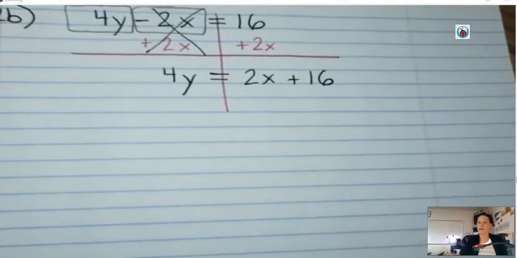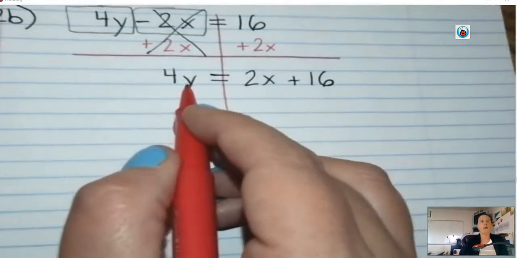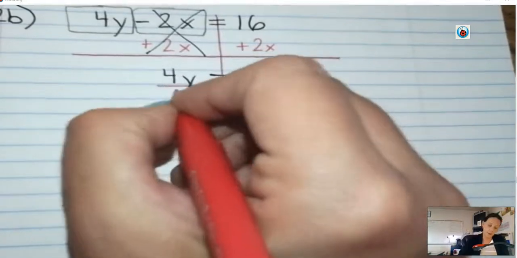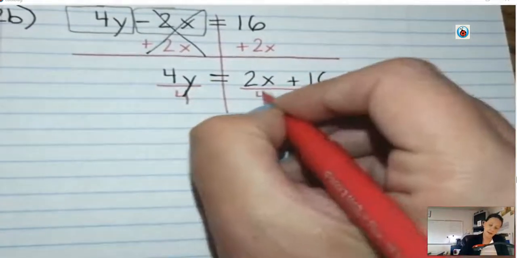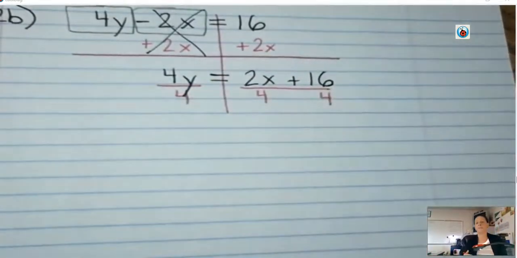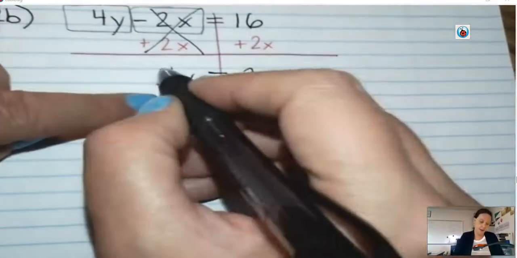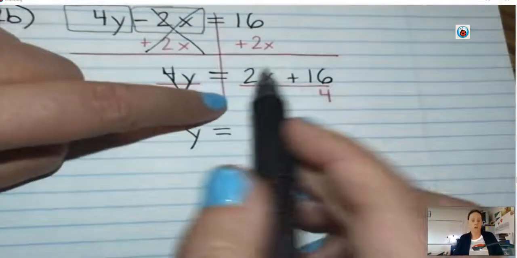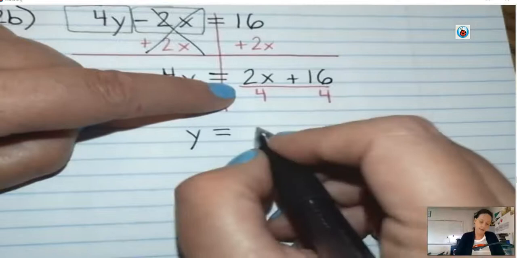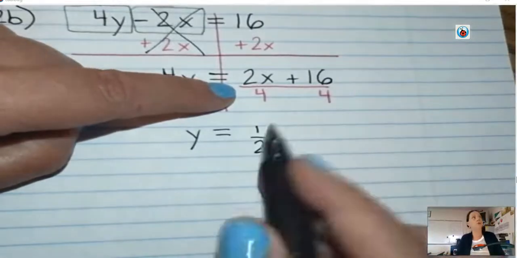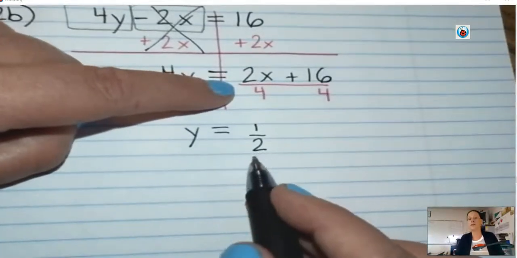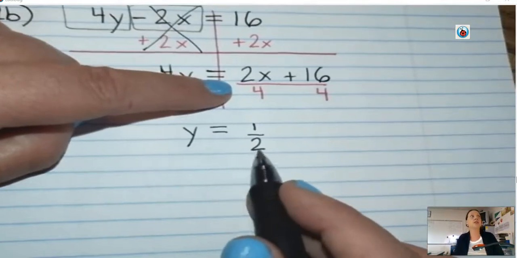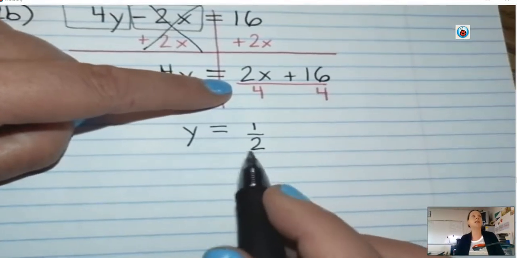Look at the side that has the y. Right now it says 4 times y. To undo multiplying by 4, I'm going to divide by 4. Divide everything by 4. On the left-hand side, I have 4 divided by 4. That's just 1y. 2 divided by 4, that's a half. You can either put the fraction of a half or you can put 0.5. I'm okay with decimals as long as the decimal terminates.